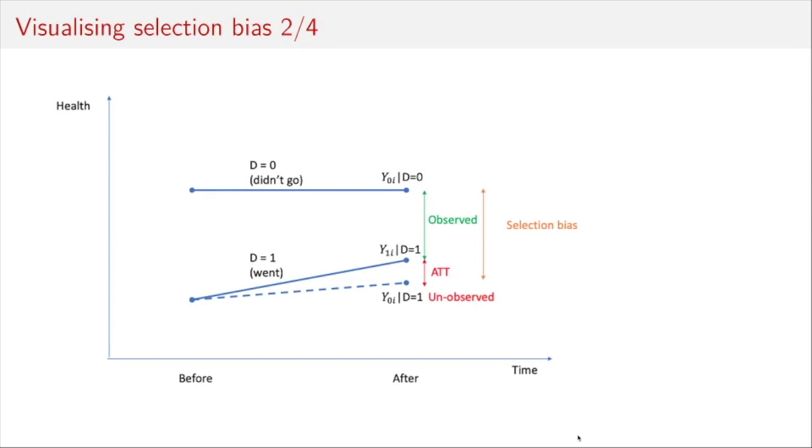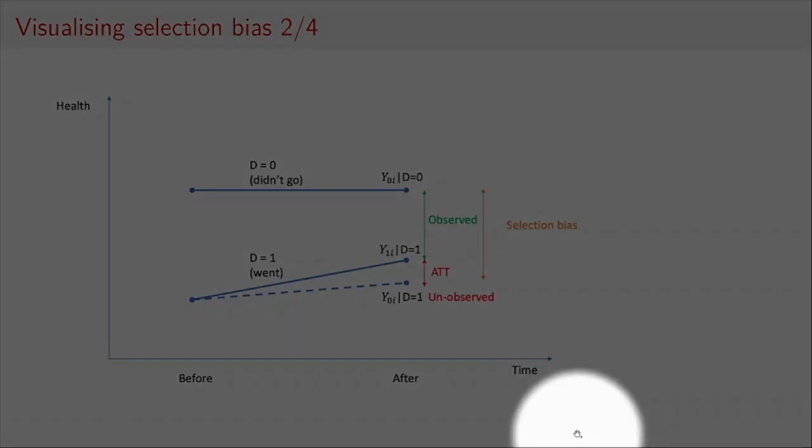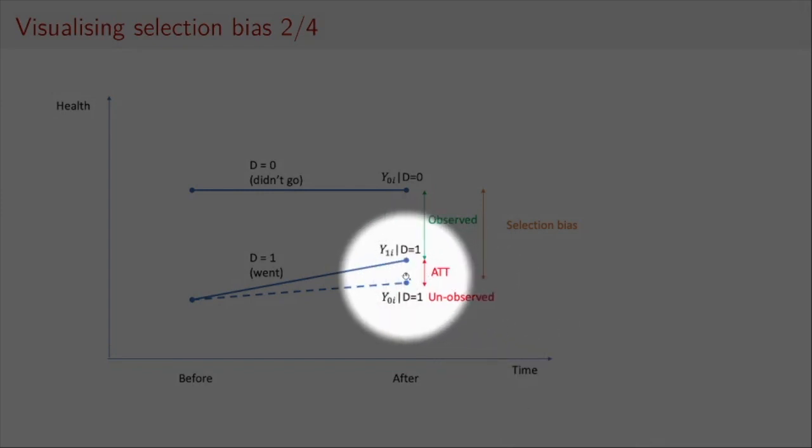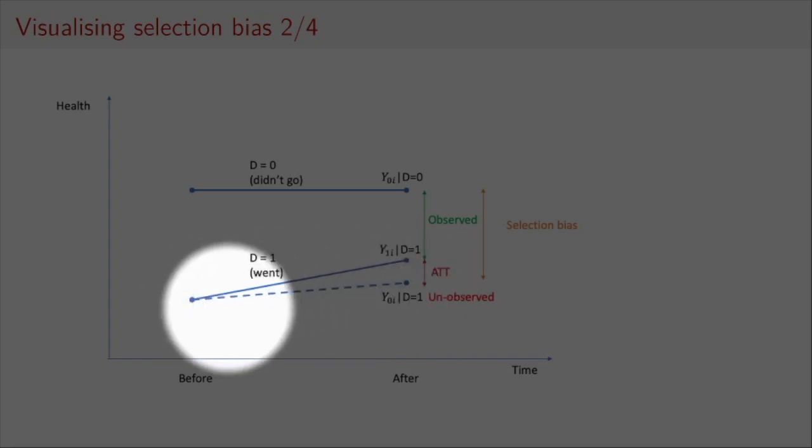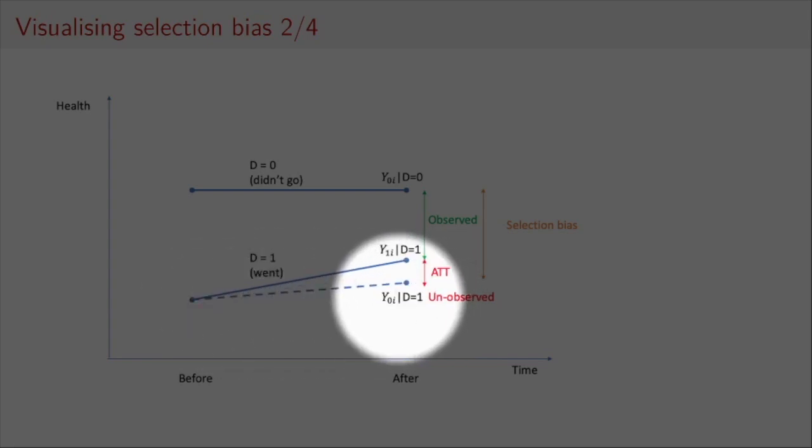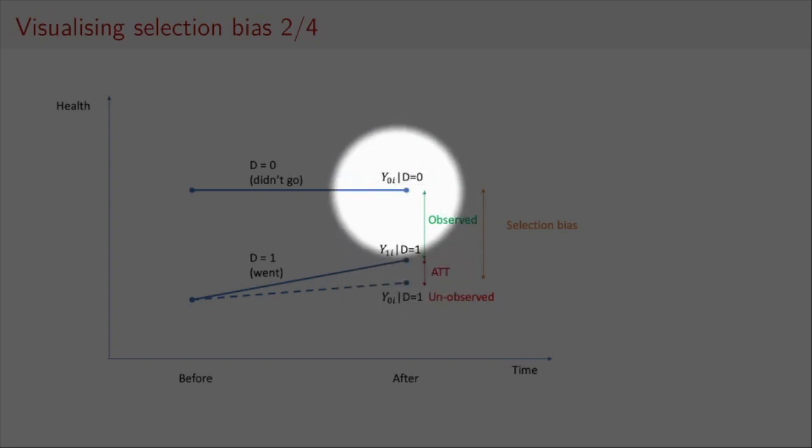Here we see that the average treatment on the treated is actually the difference between what would have happened to those who went to the hospital if they hadn't, and what actually happened to them because they went to the hospital. However, that's obviously different than what we observe.